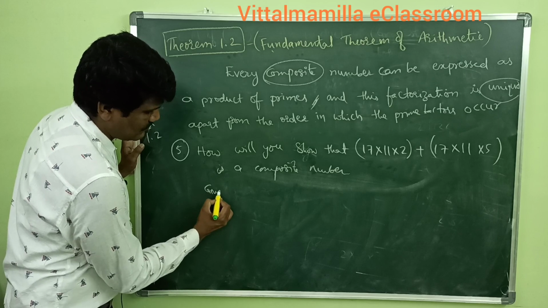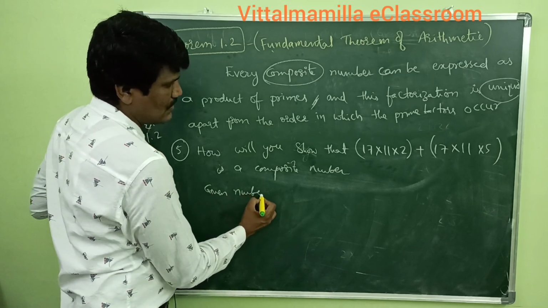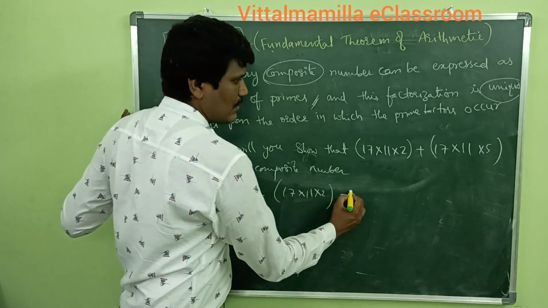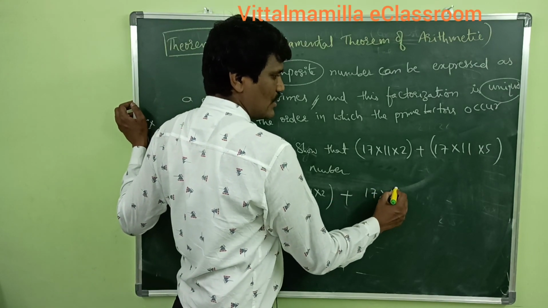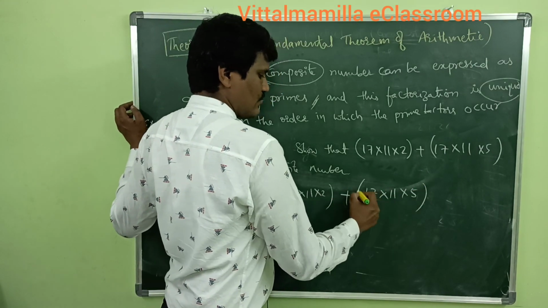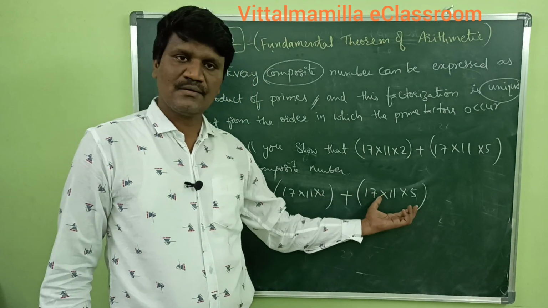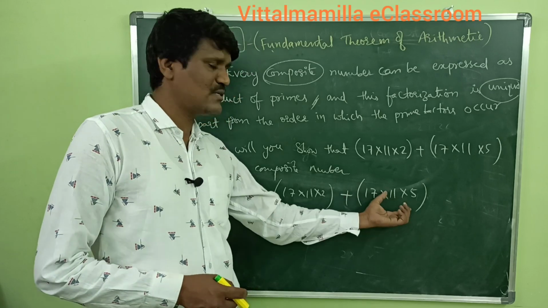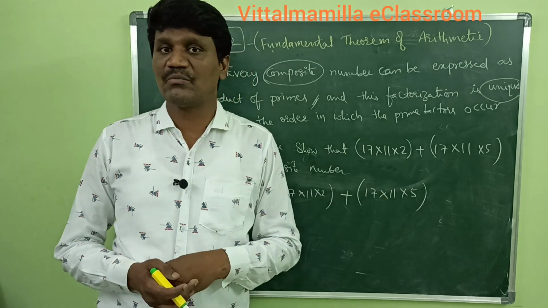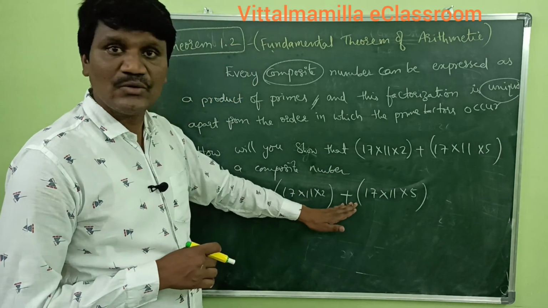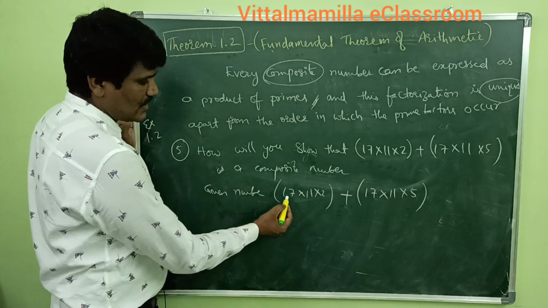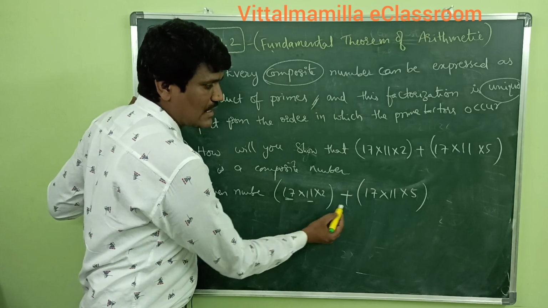Given number: 17 into 11 into 2 plus 17 into 11 into 5. There are two terms, right? This is not a product of two numbers. If this were a product of two numbers, we could say directly it is composite. But we should convert this into a product of two numbers. If you observe, 17, 11 here and 17, 11 here also.